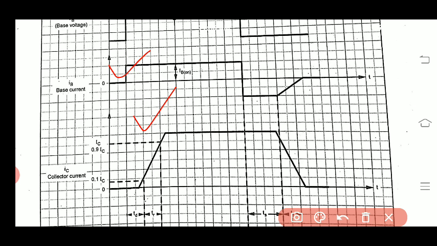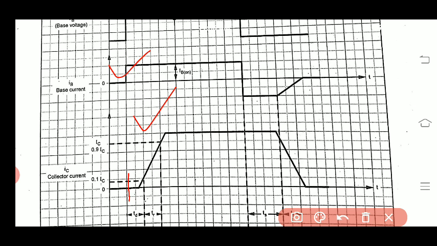Actually IC should start to increase from here, but it does not increase immediately. Because of what? Because of the junction capacitance. It takes some time to charge this junction capacitance, and only then does it start to increase.